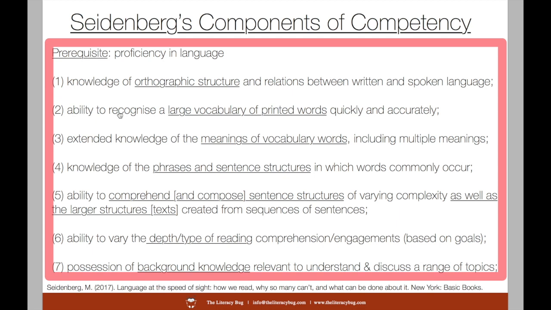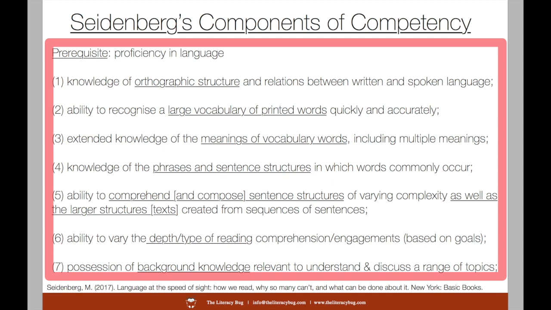So going back to Seidenberg, and we're heading fast track towards the conclusion. What's the key prerequisite? A proficiency in language, followed by a knowledge of orthographic structure and the relationship between written and spoken language, the ability to recognize quickly a large vocabulary of printed words, to know the meanings of a large corpus of vocabulary words, have a knowledge of phrases and sentence structures, being able to comprehend and compose sentence structures of varying complexity, and to be able to comprehend and compose larger structures such as texts from sequences of sentences.